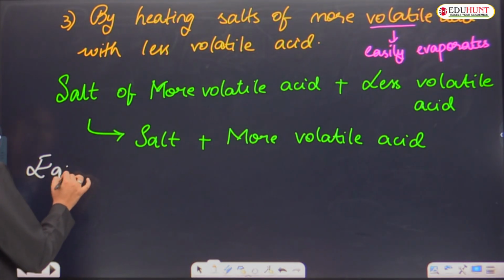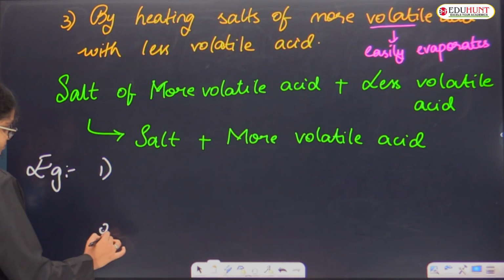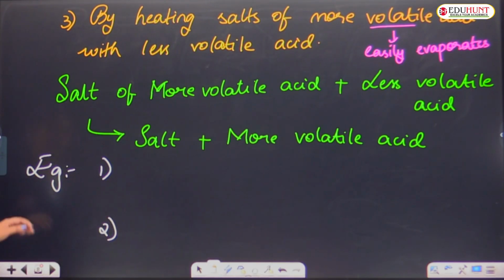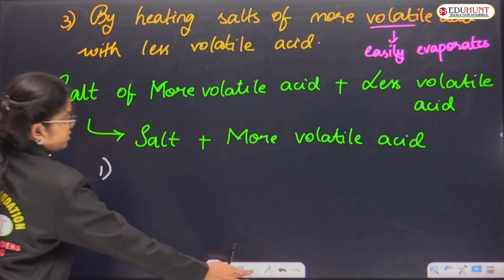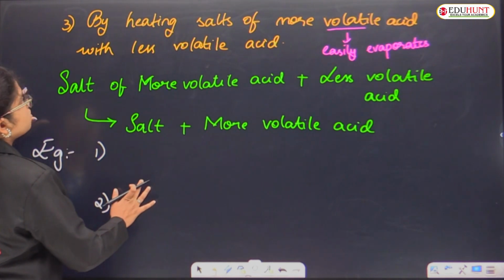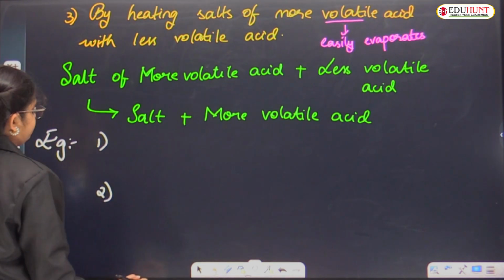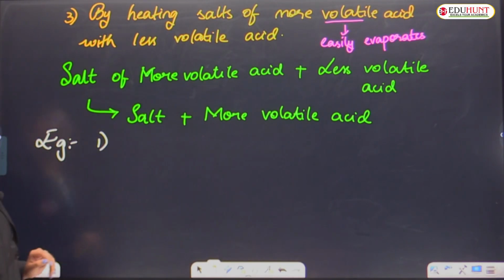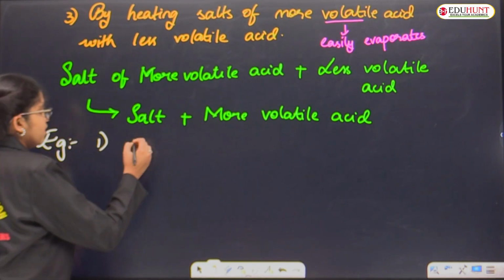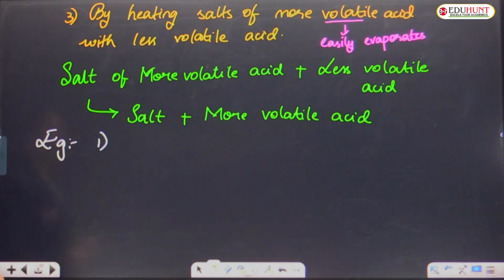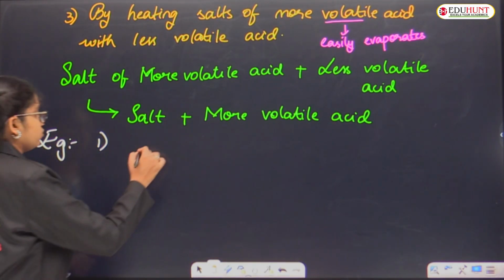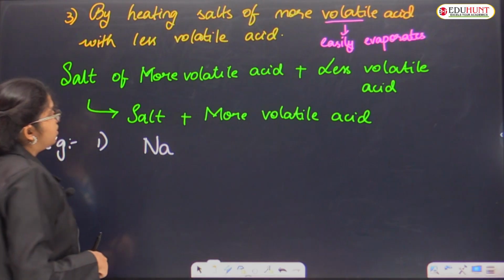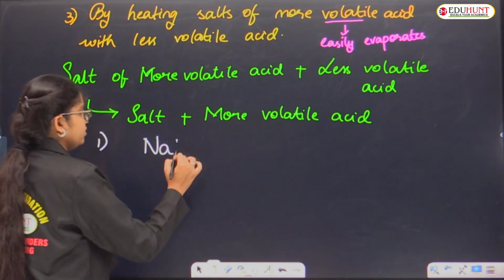Examples. We have two examples here. I'll just make sure it is somewhat small. Okay. Now, example number one is first one. Let's take salt of more volatile acid such as NaNO3. Okay, NaNO3.